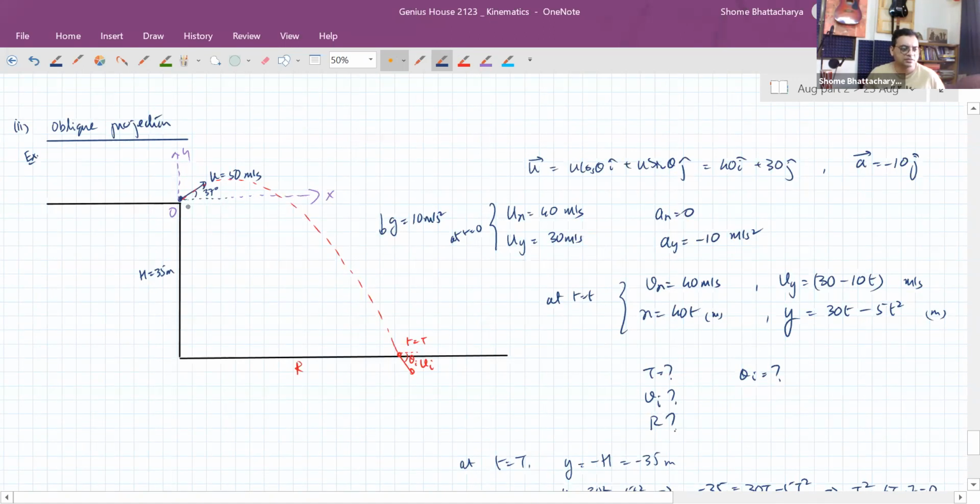Now compare the projection point, which is my origin, with this point where it's hitting the ground below P. You can see that it's 35 meters below. Understood? With respect to this reference frame, this x and y axis, what is the y coordinate of this point P? It is minus h.